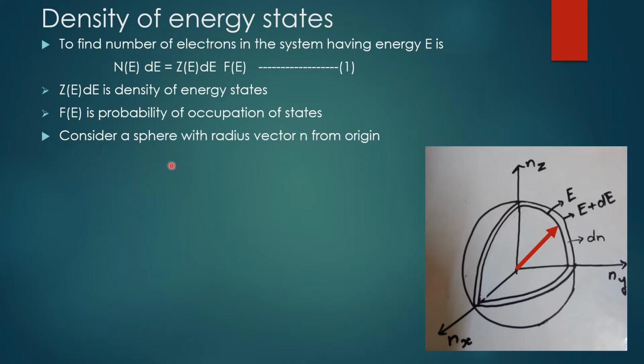Consider a sphere with radius vector n from the origin. This is the radius vector.